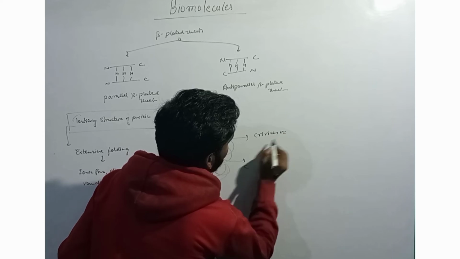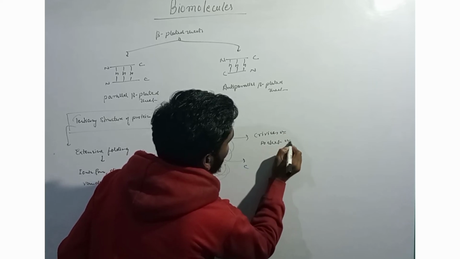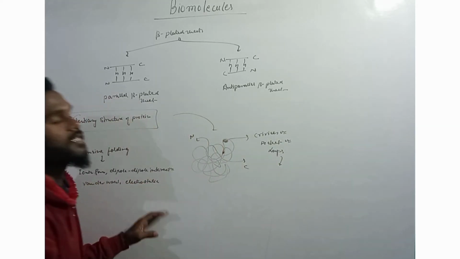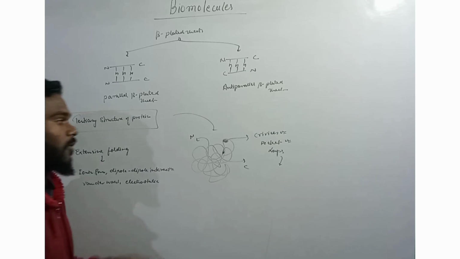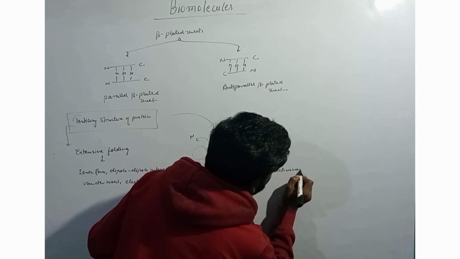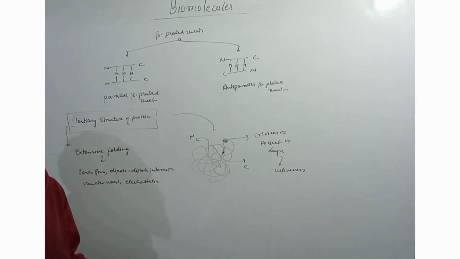Crevices, pockets or loops are created, and this is very necessary for the active site of the protein. It provides activeness, due to which the substrate can bind, and the protein will catalyze the reaction.